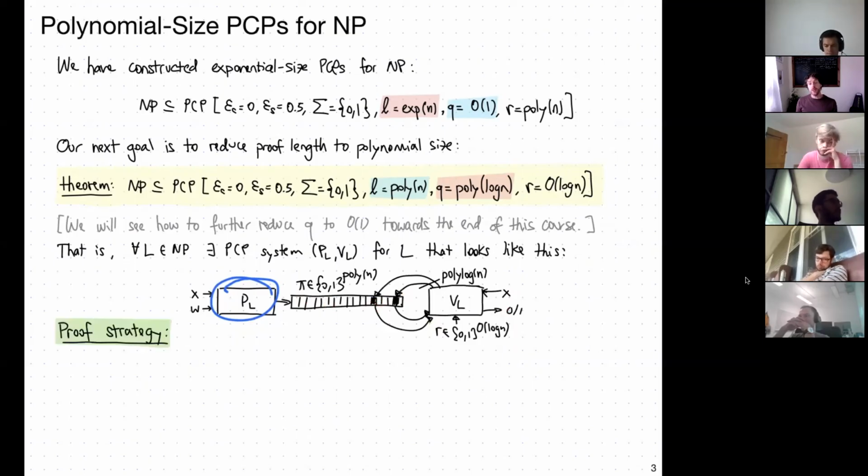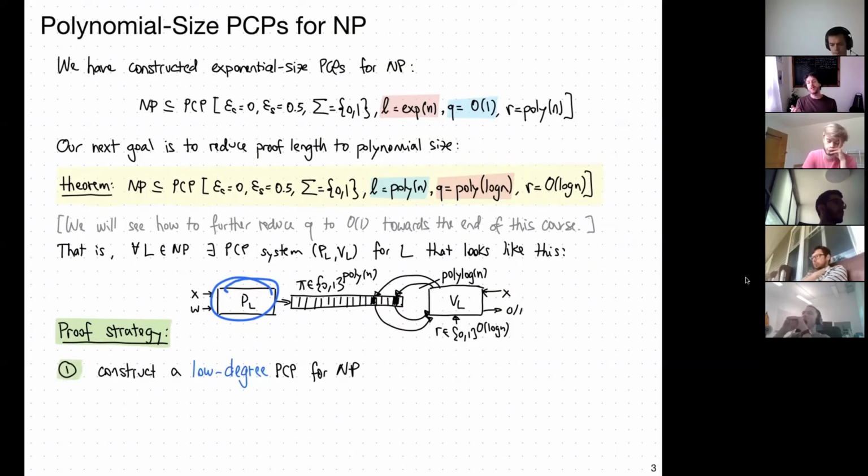And the proof strategy will mimic what happened yesterday. We'll start by constructing, instead of a linear PCP, which is a PCP that assumes linear structure, a low degree PCP, which is a PCP that assumes low degree polynomial type of structure. So we're just replacing linearity by low degree.